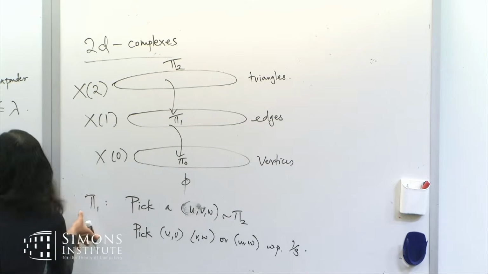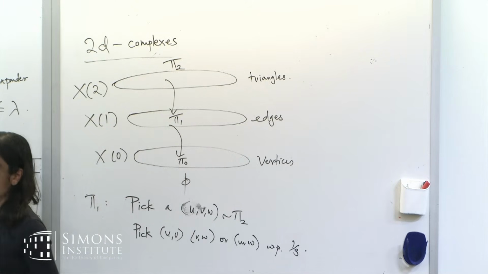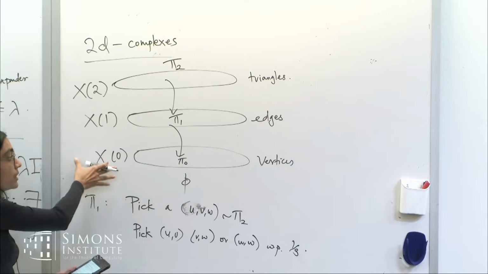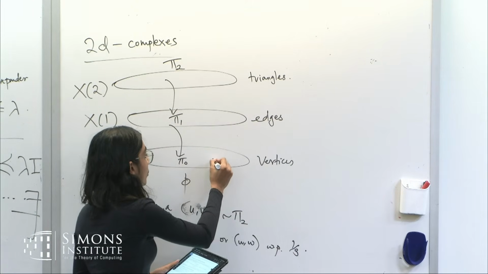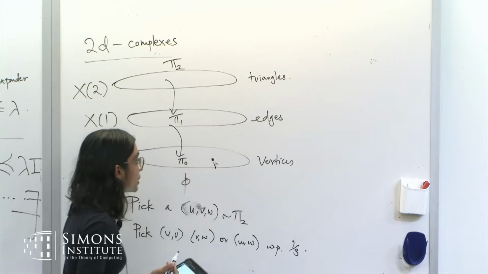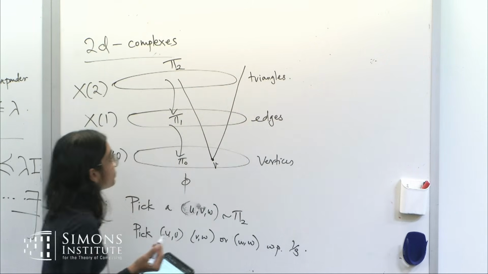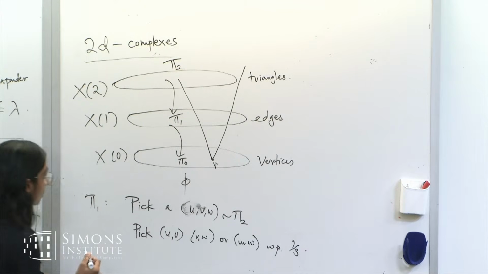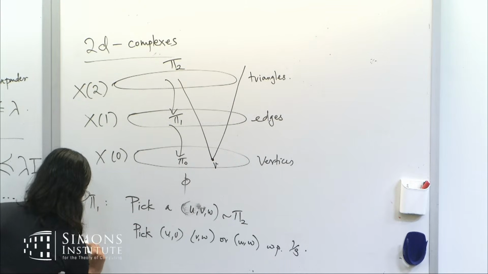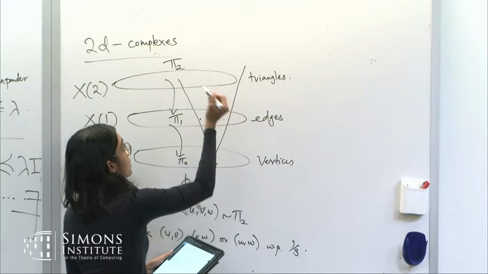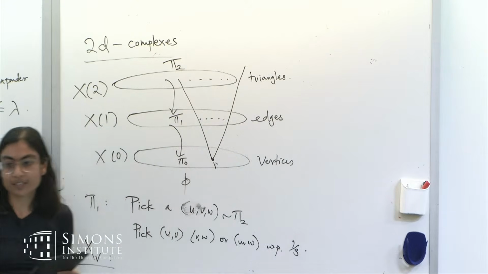And again, the way we define conditional distributions here, we can do the same thing for links or neighborhoods in this complex. So let's see what's the conditional distribution in the link of V. The complex X_V is just a graph, because these are the vertices and these are the edges.